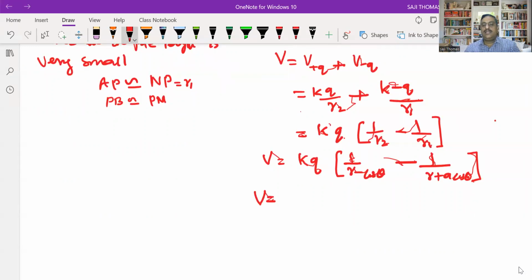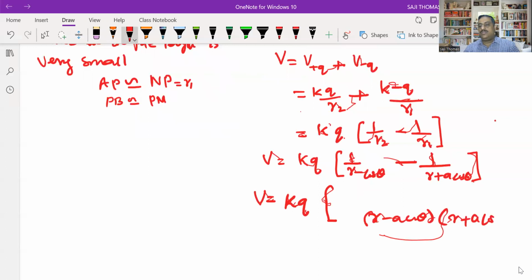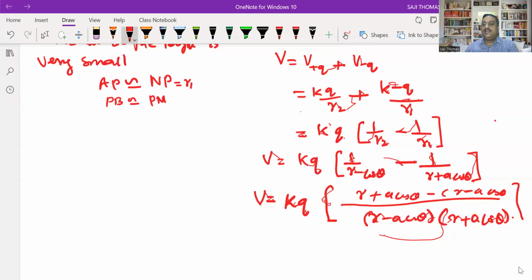V equals KQ, LCM is R plus A cos theta into R minus A cos theta, upon numerator will be R plus A cos theta minus R minus A cos theta.